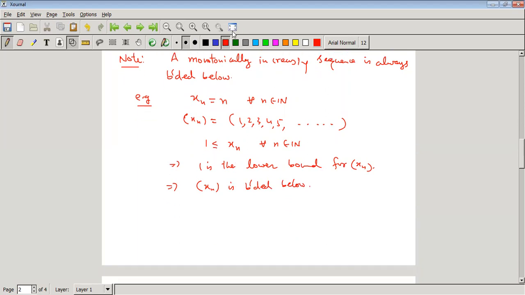Now come to the next definition, that is monotonically decreasing sequence.